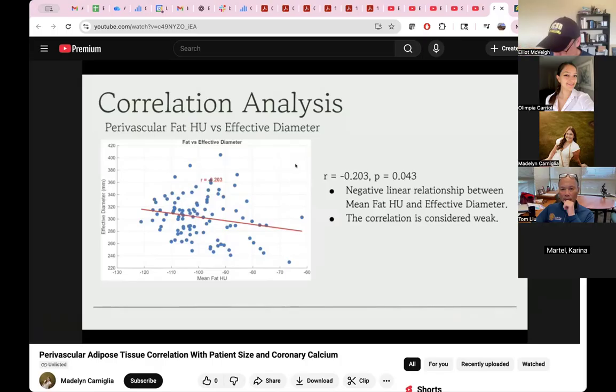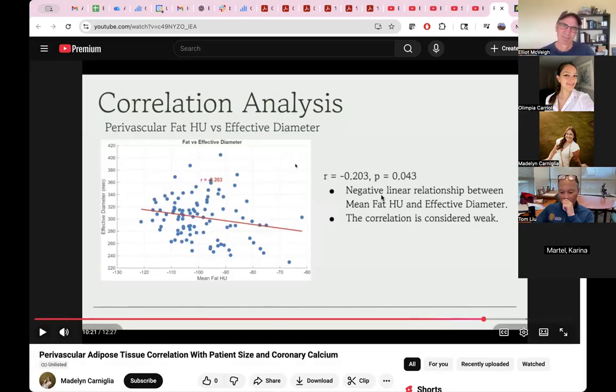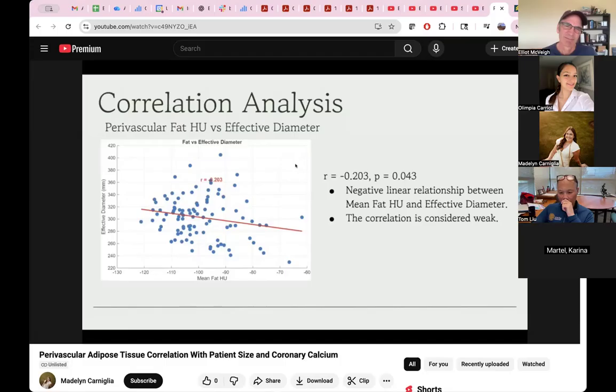Cool. Also, adding off of that, I did have a few patients that had devices implanted, and that exposed a lot of what looked like calcium because it was of super high Hounsfield units. So I had to throw out those patients as well because that obviously wasn't accurate data. I had to filter through each patient to make sure that they had the axial image, two localizer images, and no devices because that would have really skewed the data.